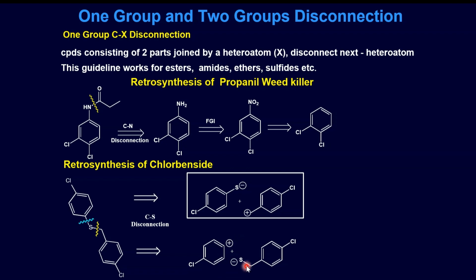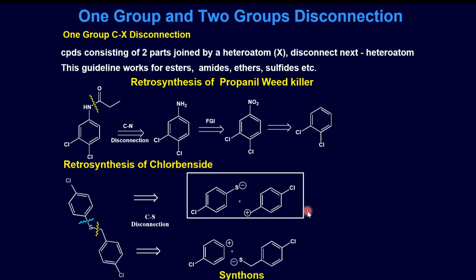However, S minus can act as a nucleophile, and nucleophilic substitution of the benzene ring is a difficult task because both the benzene ring and the sulfur anion are electron rich. They are like poles. Like poles repel each other. That's why this is not the right way of disconnection. The first one is the right way of the disconnection.